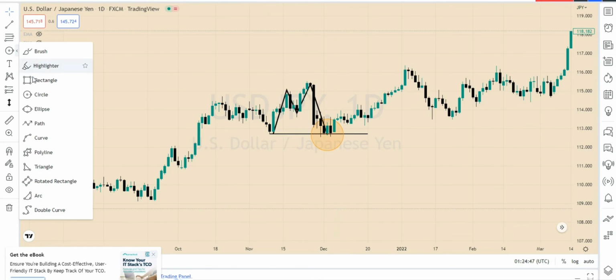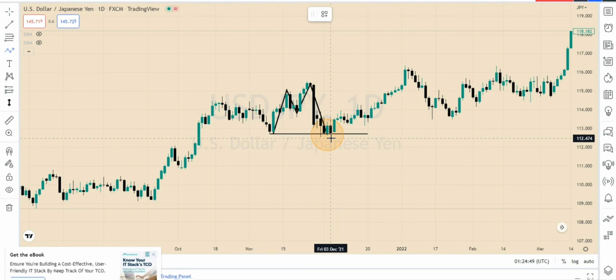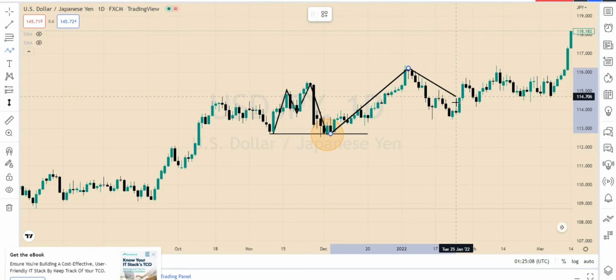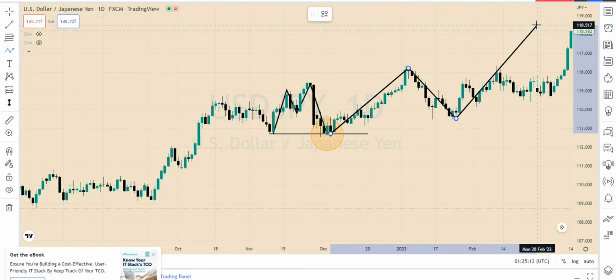To break the neckline. And this is where you will be looking for what? Shift in market structure aligning with the underlying trend or the long-term trend. So the market did what? Actually broke the neckline, created a high, came back and retested the neckline here before flying.